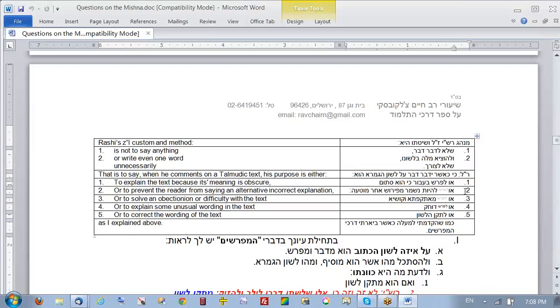He has to explain the text to solve a certain difficulty or an attack. In other words, when you read this text, it seems to contradict another text.